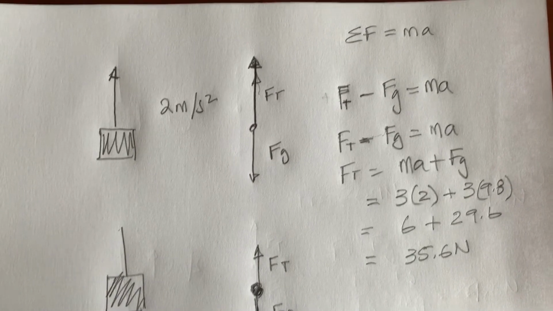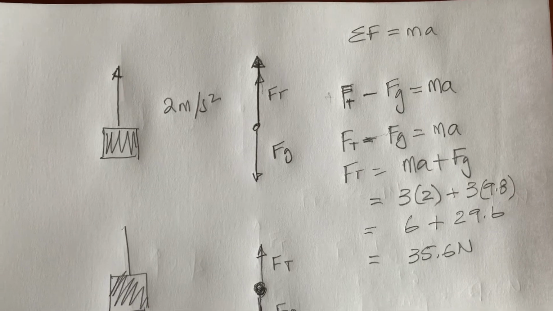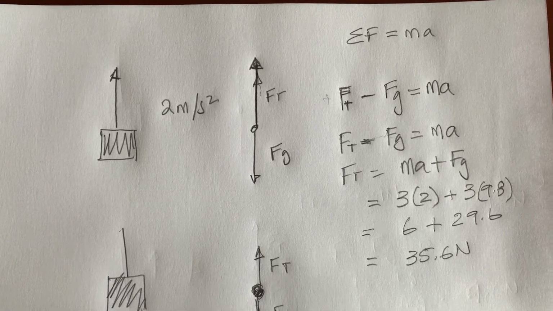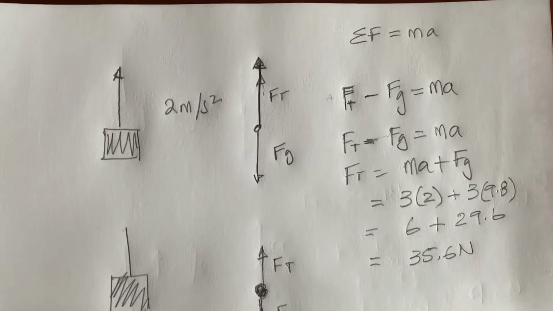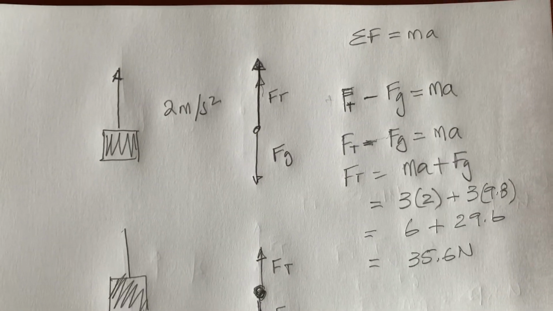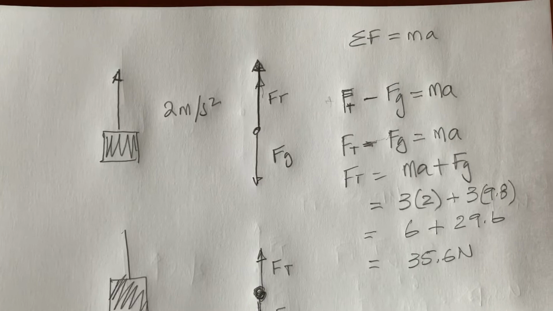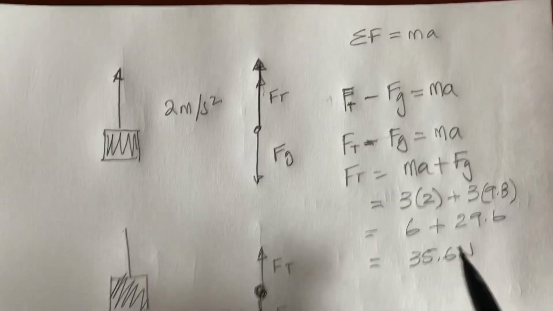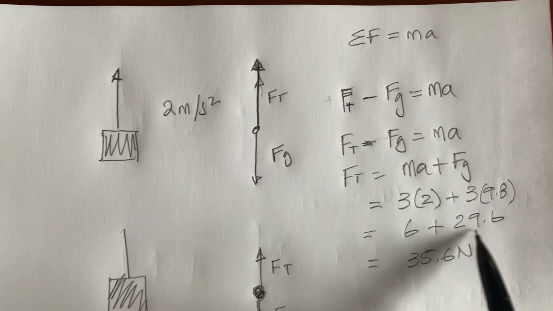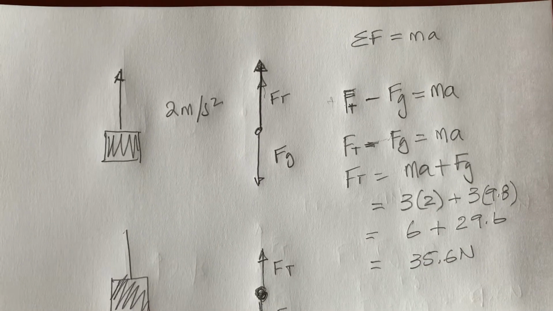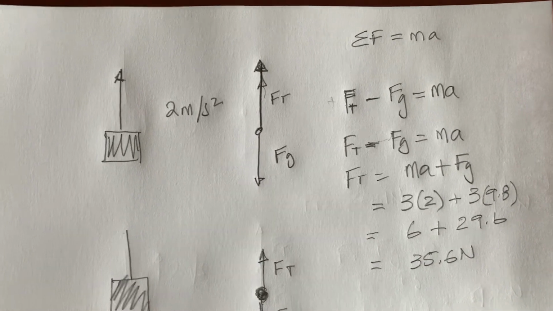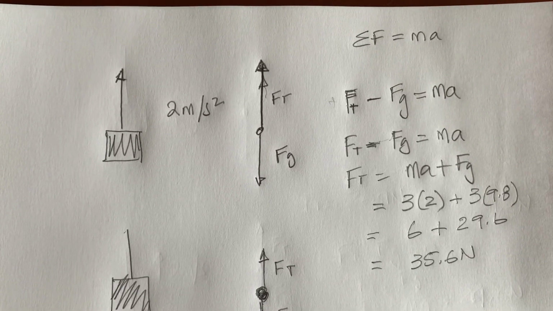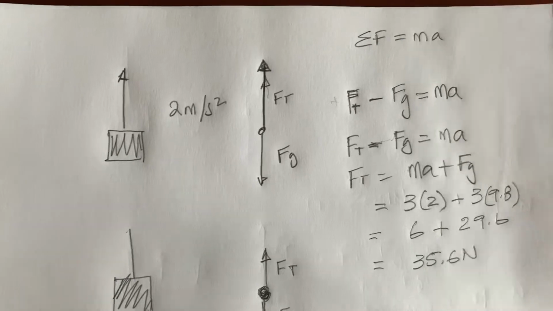So now Ft is equal to Fg minus ma, which is 29.6 newtons. That was my force of gravity from up here, minus 2 times, or rather 3 times 2.